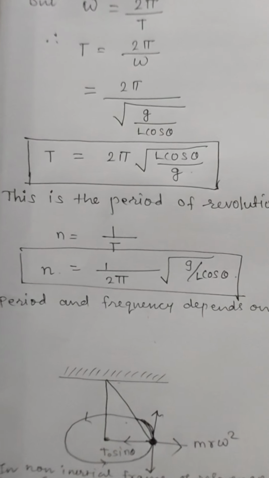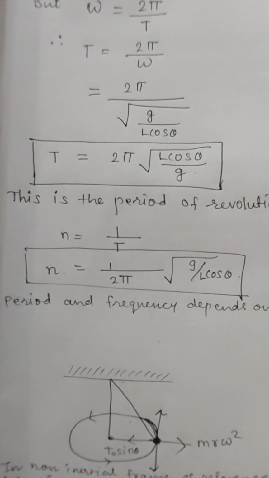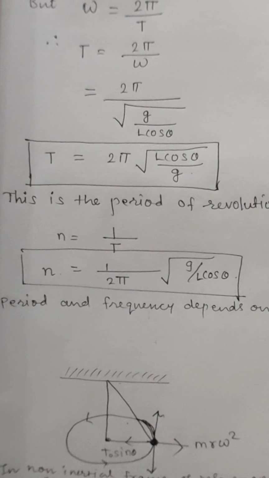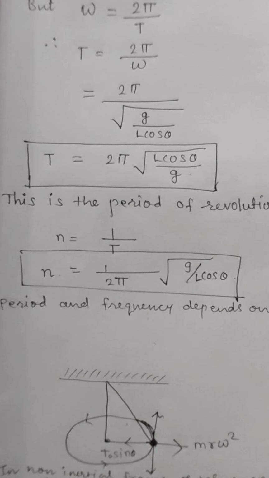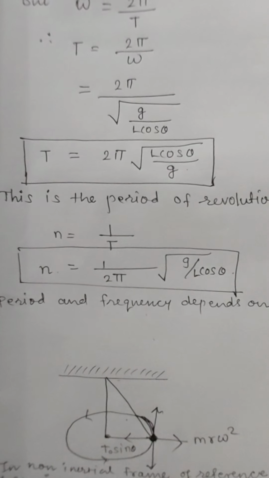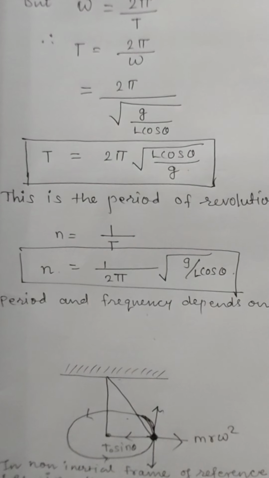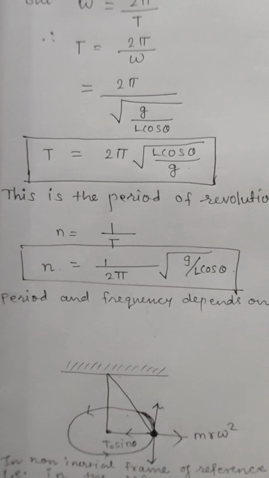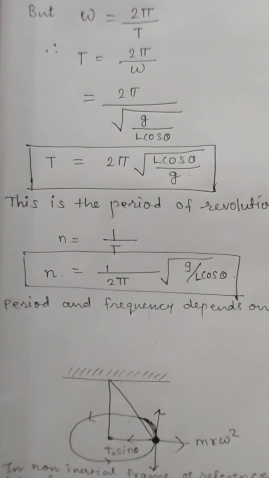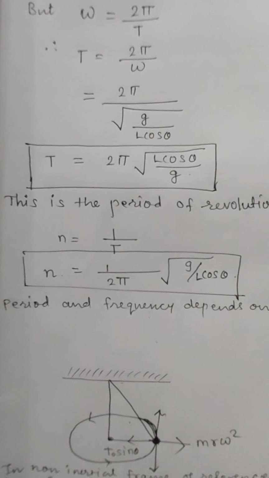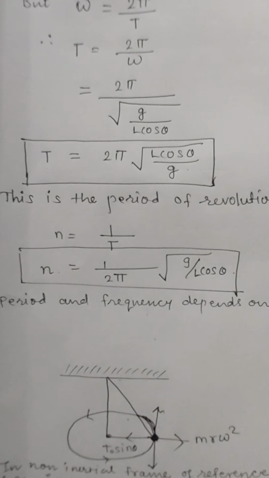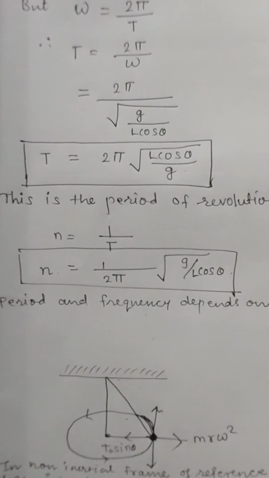So, if n is the frequency, we'll get n is equal to 1 upon T. So n is equal to 1 upon, substituting the value of period, 1 upon 2 pi under root L cos theta upon g, that is n is equal to 1 upon 2 pi under root g upon L cos theta. Where g is the acceleration due to gravity, L is the length of the string, and theta is the angle made by the string.